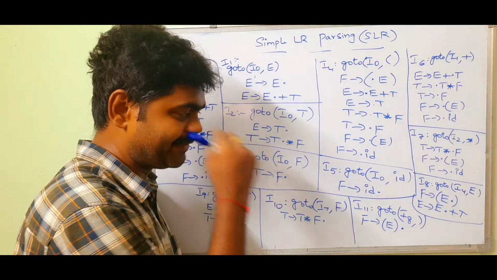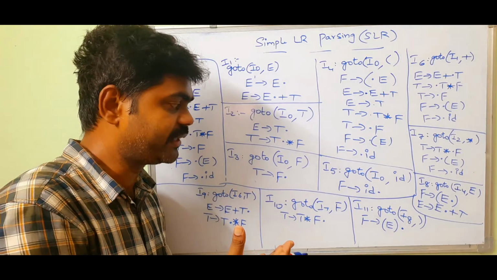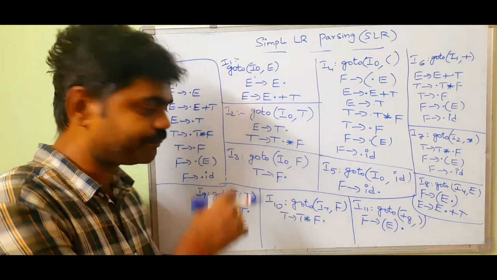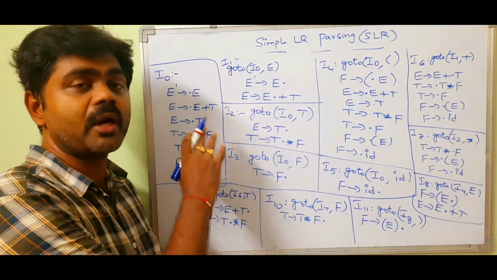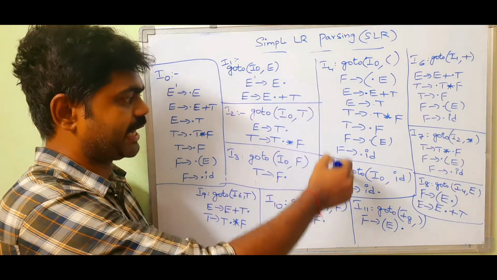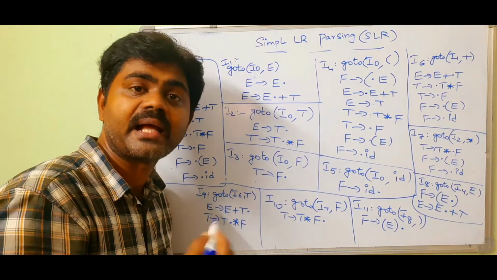If you see I11, dot already reached at the end, so no need to calculate for I11. That means go to of I11 comma something is not needed. So finally we got I0, I1, I2, I3, I4, I5, I6, I7, I8, I9, I10 and I11.